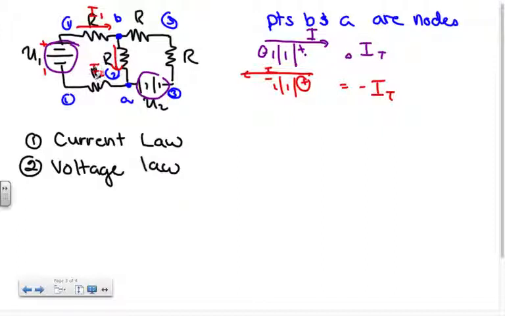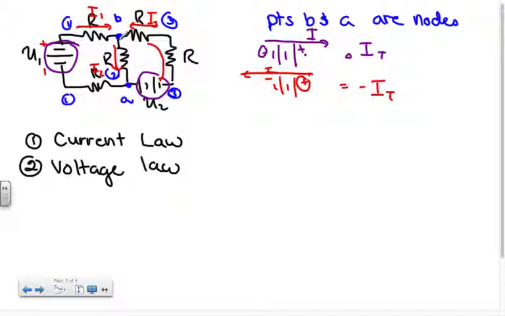Because I'm dictating I2 to be down, even though I don't know whether it will officially be or not until I analyze the circuit, I'm going to dictate that I3 comes this way. So I'm going to go here counterclockwise. So it's coming in like this. So I3 is going to come like that.